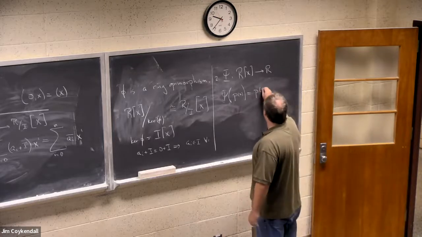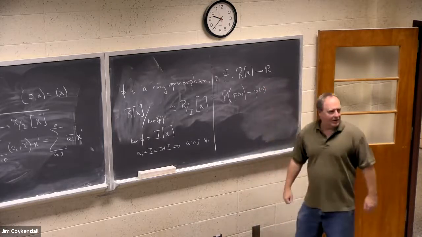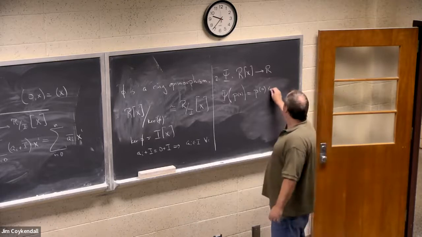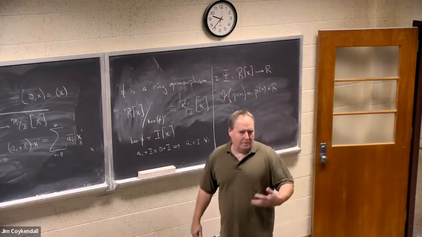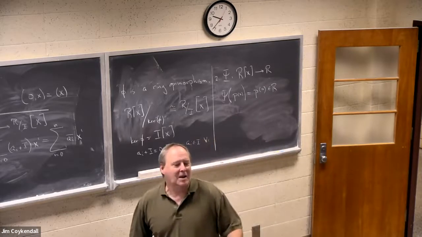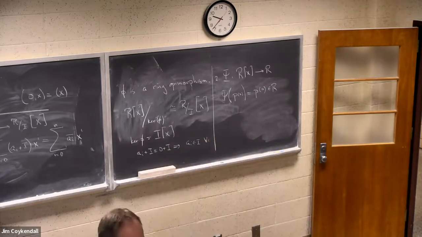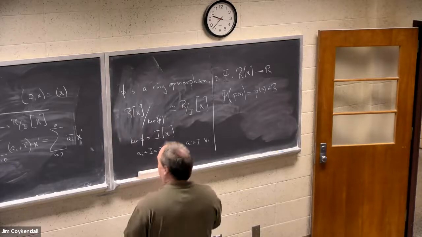Right, just take the constant term. This is in R. And so pick any element of R and take that to be your polynomial, and you're covered. This is pretty easy to see that it's a homomorphism, and the kernel is the ideal generated by x. And so there you go.